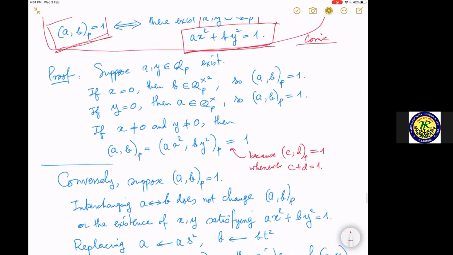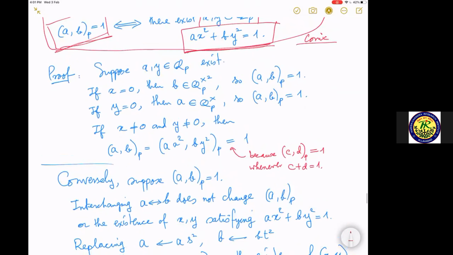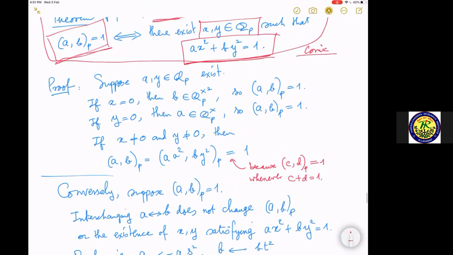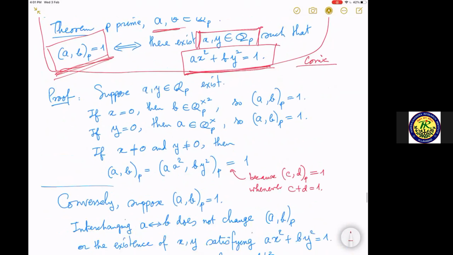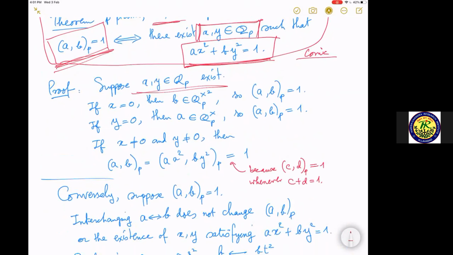So now let's come to the theorem. It says that the Hilbert symbol is equal to 1 if and only if a solution x, y exists. Okay, so in one direction, it's completely trivial. If a solution exists, then it may happen that x is equal to 0, but if x is 0, then y has to be a square.